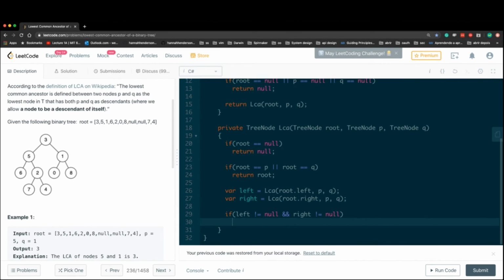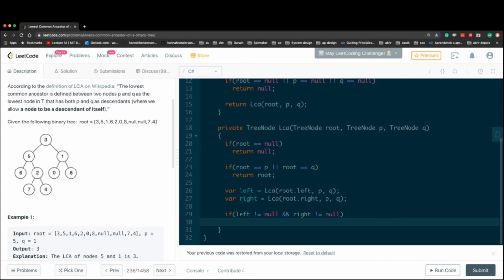So if left and right are not null, we can assume that the current node that we are in is the lowest common ancestor.